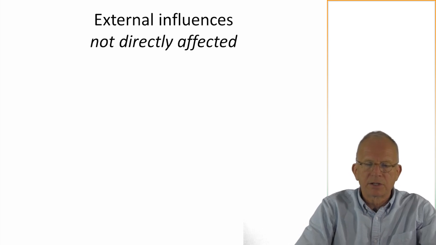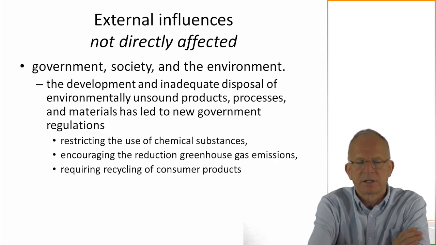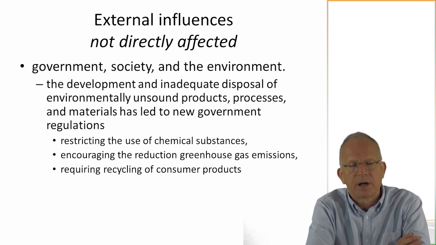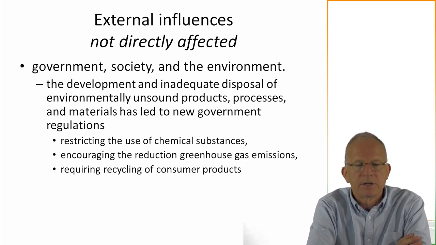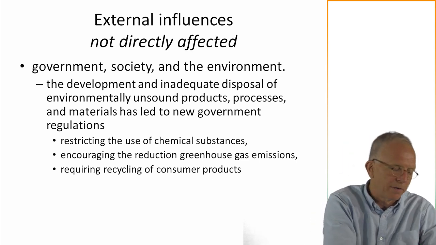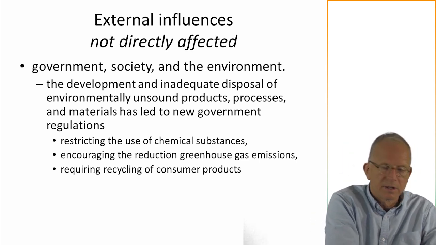Now there are some external influences. These are people not directly affected, but government, society, the environment. So, for example, the development of products with inadequate disposal and things that are environmentally unsound have led to new government regulations.